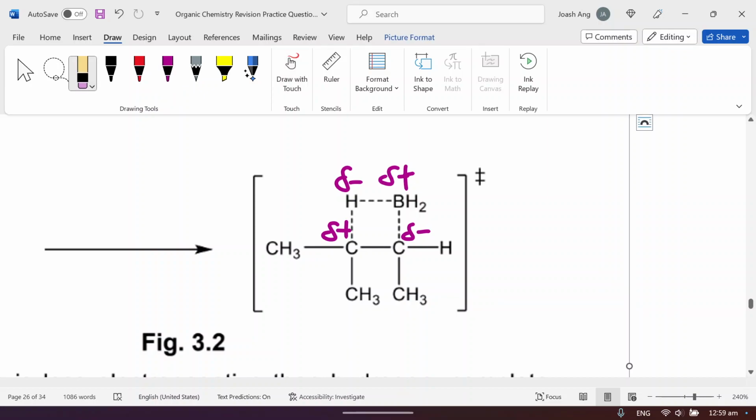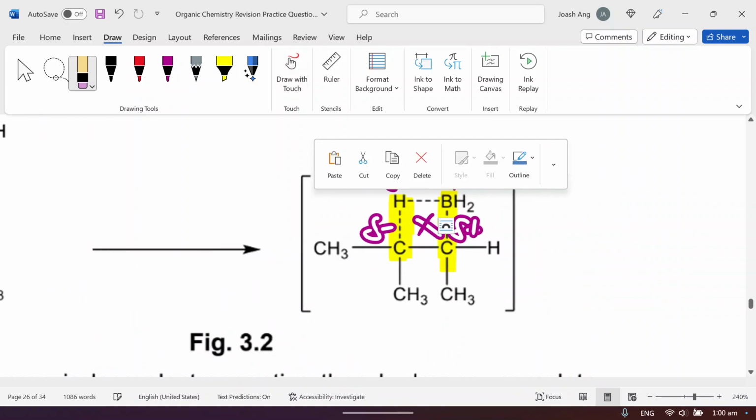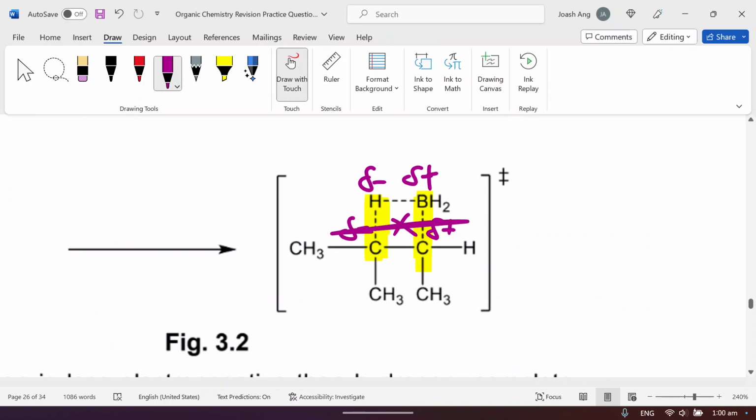If I do the other way round, then I have a lot of repulsion, and these two bonds will not be able to form. So in this case, what I will do is assign the partially positive and partially negative in this manner.